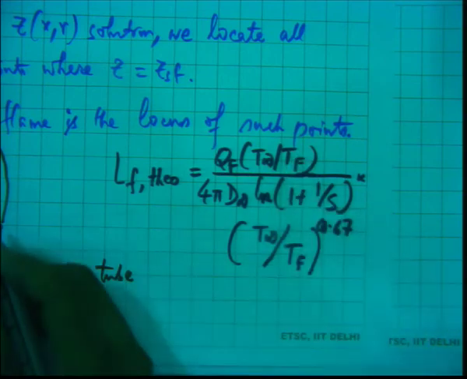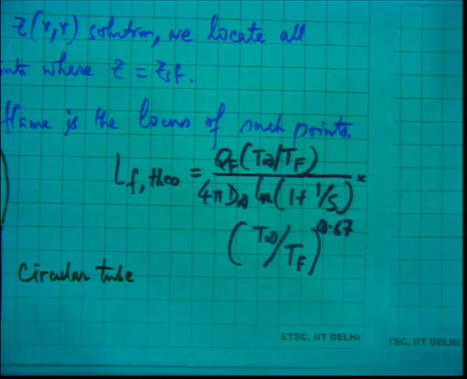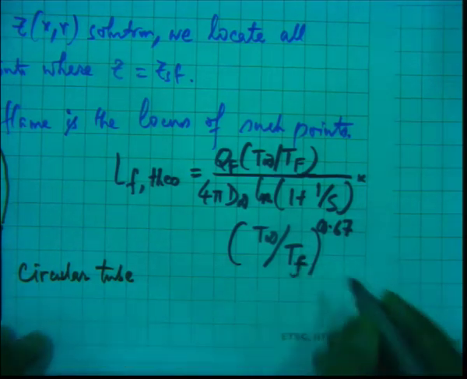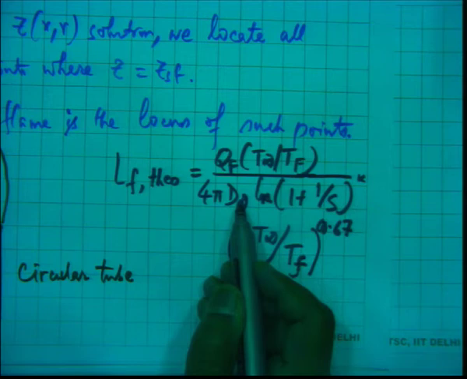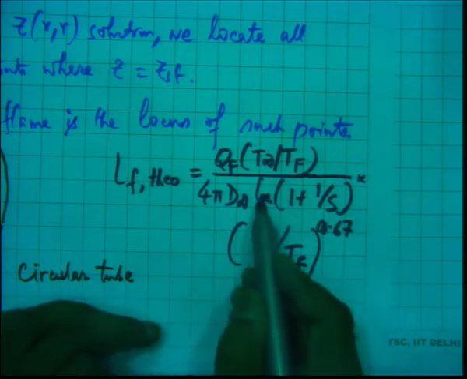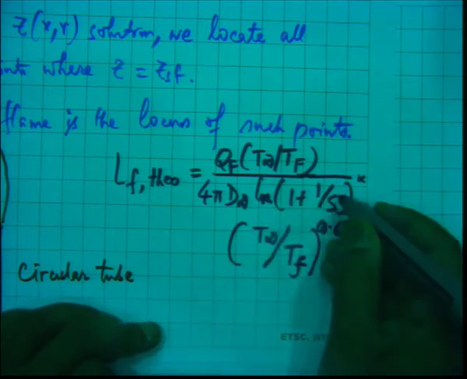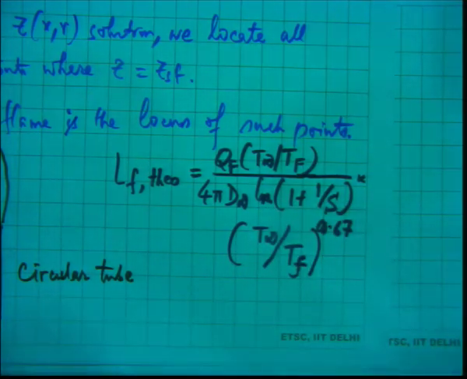Now, T infinity is the temperature of the ambient, T_F is the temperature of the fuel, and there is a D infinity. D infinity is the mean diffusion coefficient evaluated for the oxidizer at the oxidizer stream temperature. And then this is ln, log of 1 plus 1 over S. S is a molar ratio of oxidizer to fuel, the stoichiometric molar ratio of the ambient fluid to the nozzle fluid.